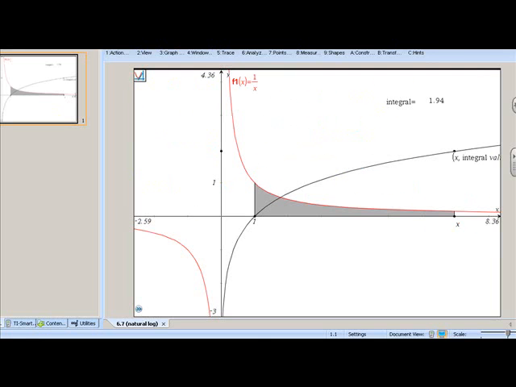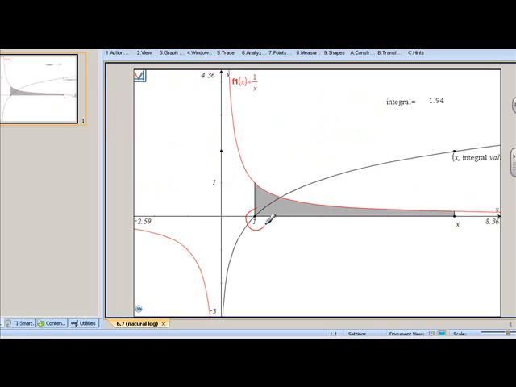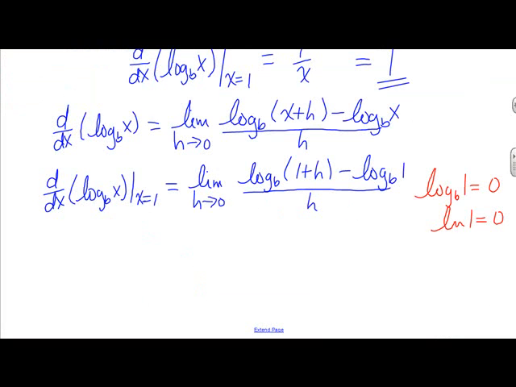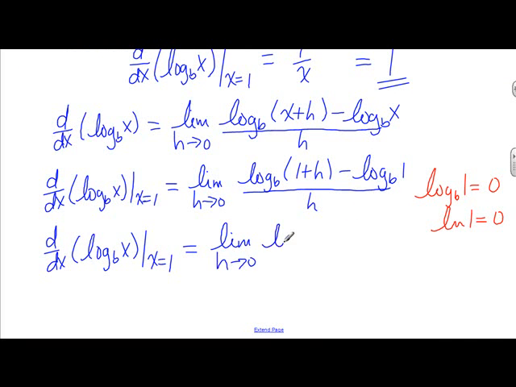So I'm now at the point where I can say that the derivative with respect to x of log base b of x at x equal 1 is equal to the limit as h approaches 0 of log base b of 1 plus h divided by h, because log base b of 1 is 0.